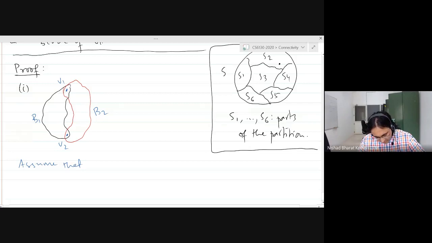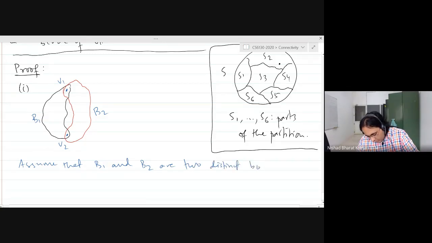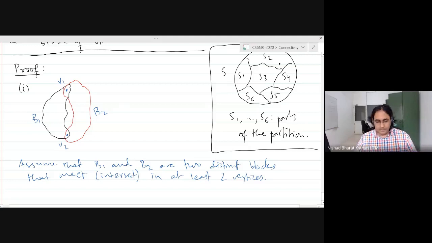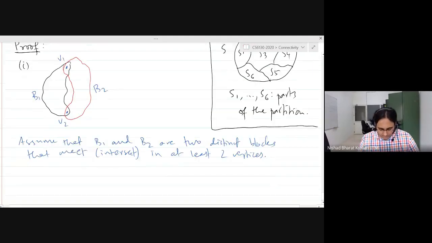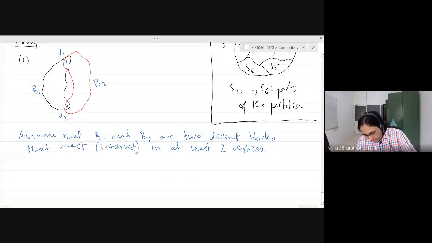Assume that B1 and B2 are two distinct blocks that intersect in at least two vertices, say V1 and V2.